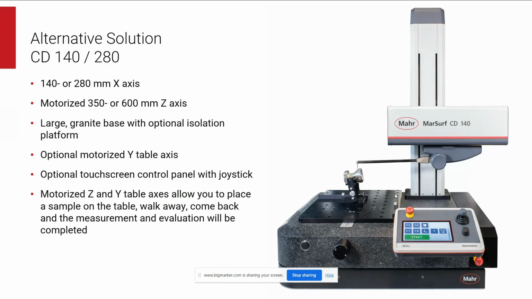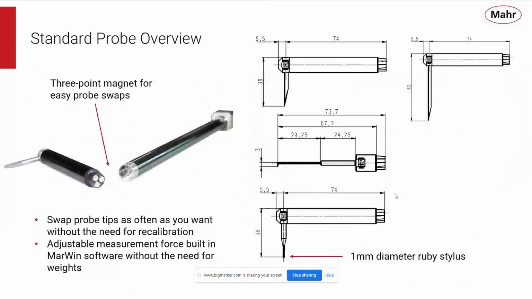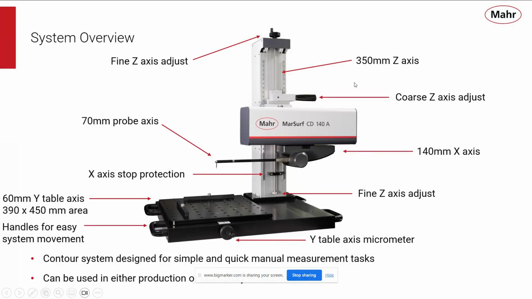Sure. So remember that while we have a 350 millimeter Z axis, that's not our measuring axis. So our actual measuring axis, we have 70 millimeters of range. So it is still dependent on which probe that you're using, whether or not it can fit inside the groove or not.